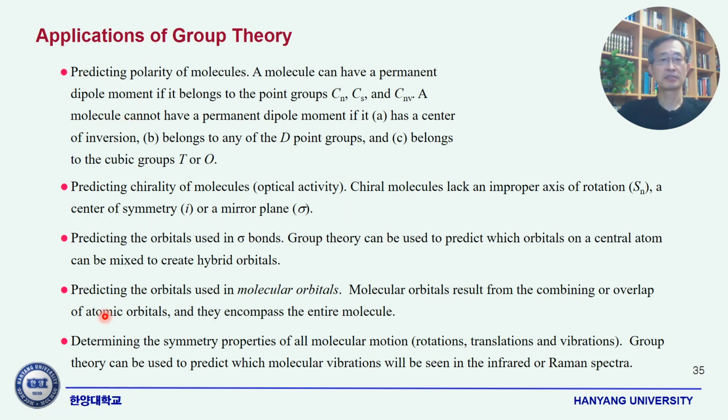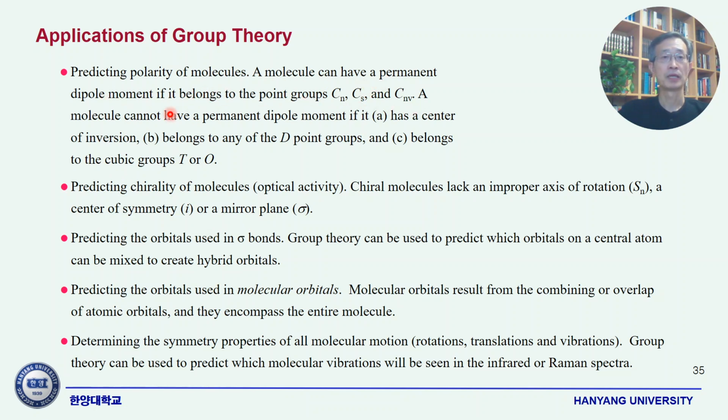So this is the listing of what we can do with group theory. Predicting the polarity of a molecule, if a molecule is polar or non-polar. A molecule that has a permanent dipole moment is a polar molecule. If it belongs to point group Cn, Cs, or Cnv, then it has a permanent dipole moment.